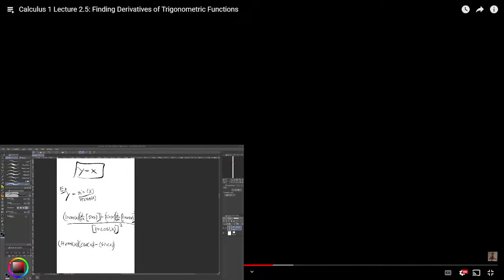Well, okay, this can be split up by addition. So this should be 0. Derivative of a constant would be 0 times the derivative of whatever. Doesn't matter, it should be 0, right?